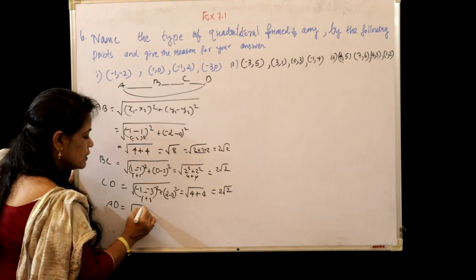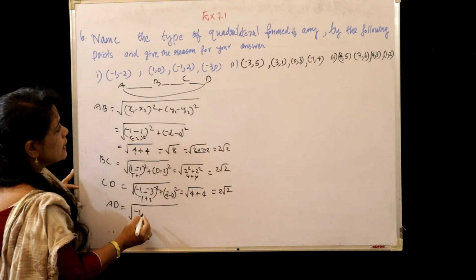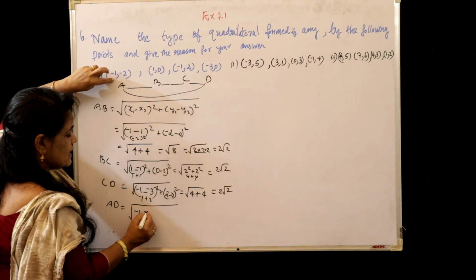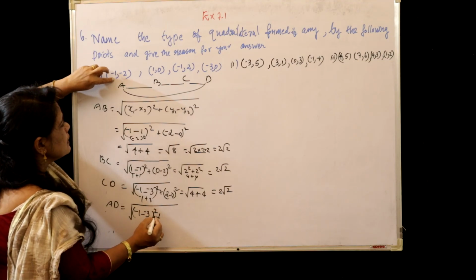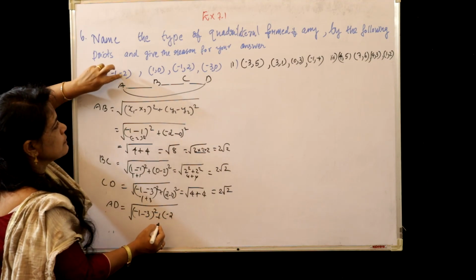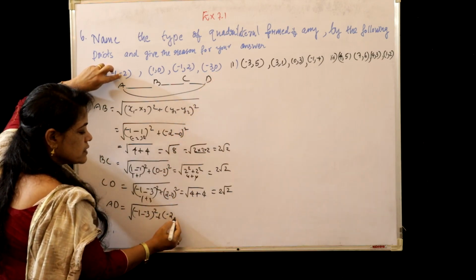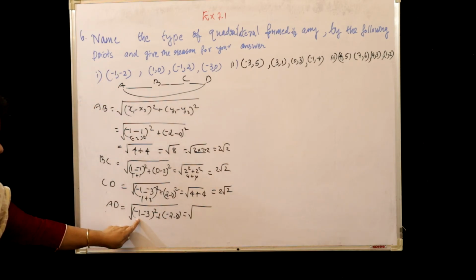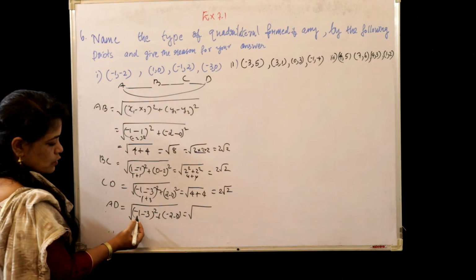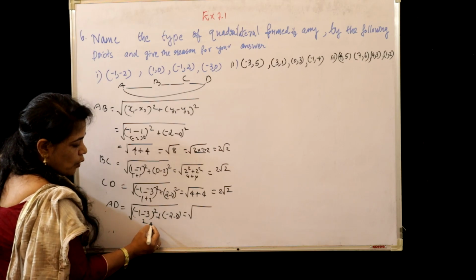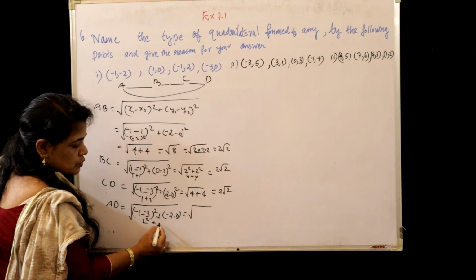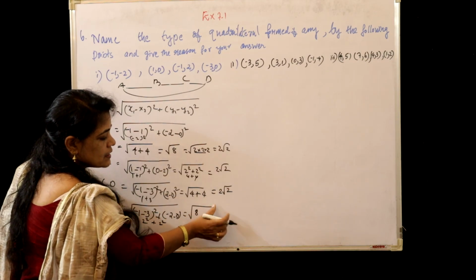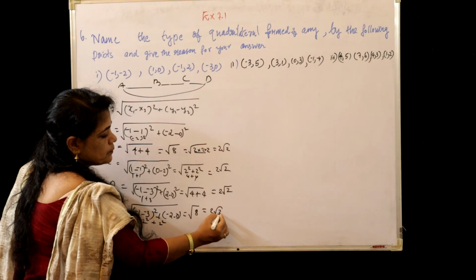So under the square root by the distance formula, minus 1 minus minus 3 whole square, plus minus 2 minus 0 whole square. Here minus 1 plus 3 is 2, 2 square plus minus 2 square. We have already seen that it is 4 plus 4, 8, which is equal to 2 root 2.